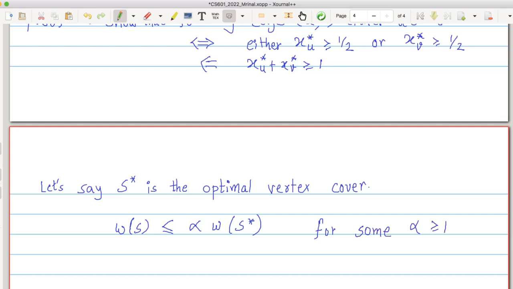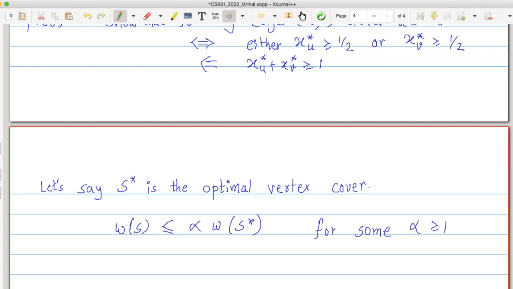So somehow we need a way to relate the weight of our set S with the weight of the optimal vertex cover S star. But if we start thinking about it, it's not clear how to do that, because we have no clue where S star is and what weight it could have.